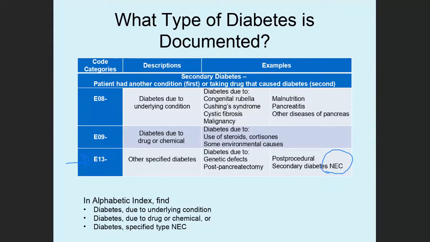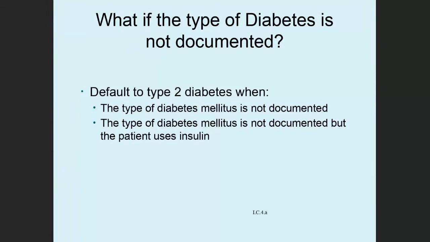So in the alphabetic index, find diabetes due to underlying condition, diabetes due to drug or chemical, or diabetes specific type NEC. Sometimes the physician will state that the patient has diabetes mellitus, but won't document what the type of diabetes is.